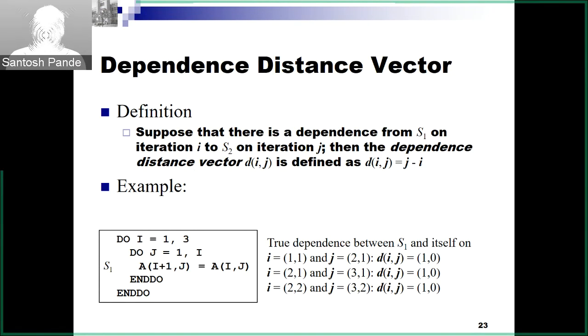So this is a true dependence because for a lower value of I, we are hitting the writes of A, and then in the next iterations of I, we're reading those, and the dependence is carried by the I loop here.